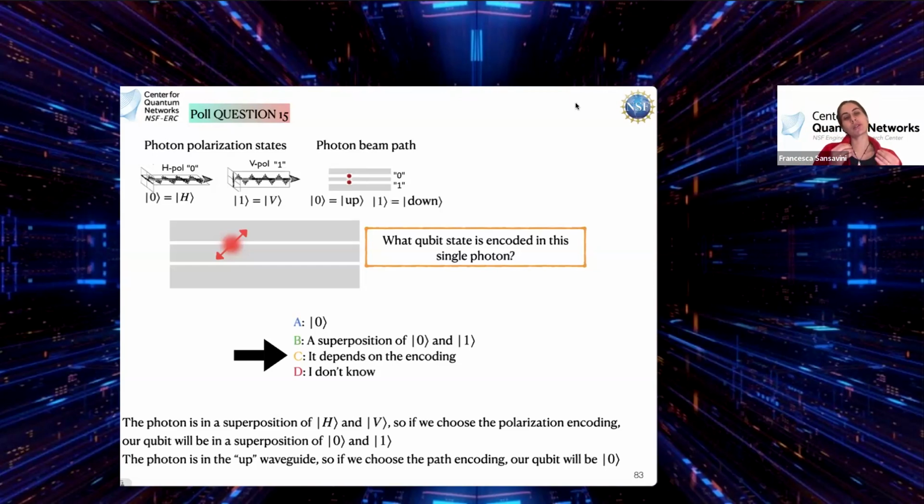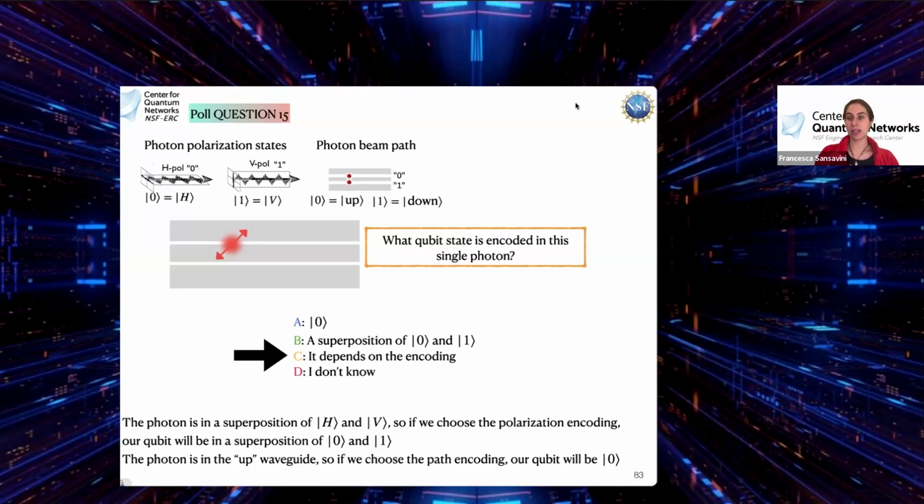If we do choose the path encoding, the photon is clearly in the upper waveguide, so we don't care about the polarization of this photon. This photon is in the upper waveguide, and it can be considered a 0. If we use the polarization encoding, what we care about is the polarization of this photon. And in the polarization encoding, this photon is in a superposition of 0 and 1.